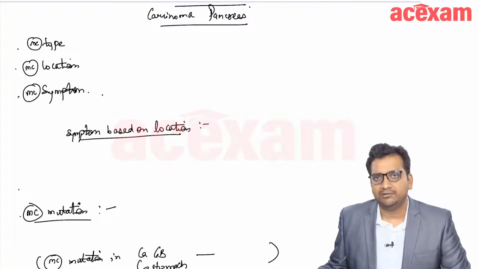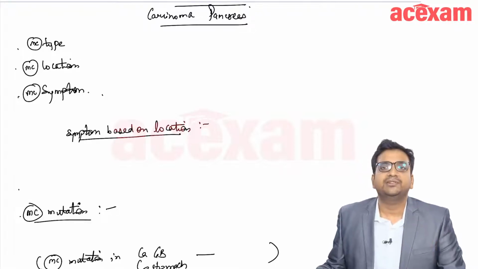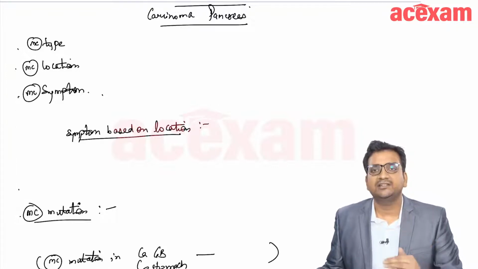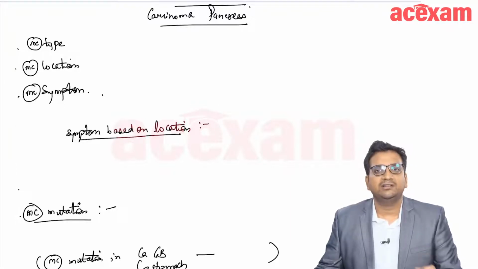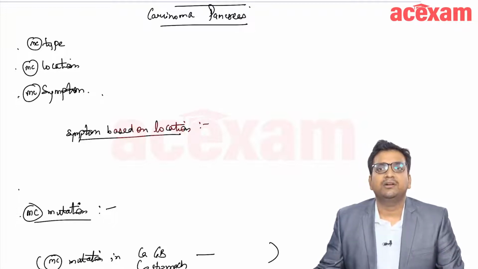Generally it involves the head of the pancreas, and we will evaluate the patient with a CECT, contrast enhanced CT of the abdomen, which will confirm our diagnosis. Biopsy from the pancreas is generally not required, and CT is good enough for confirming our diagnosis.